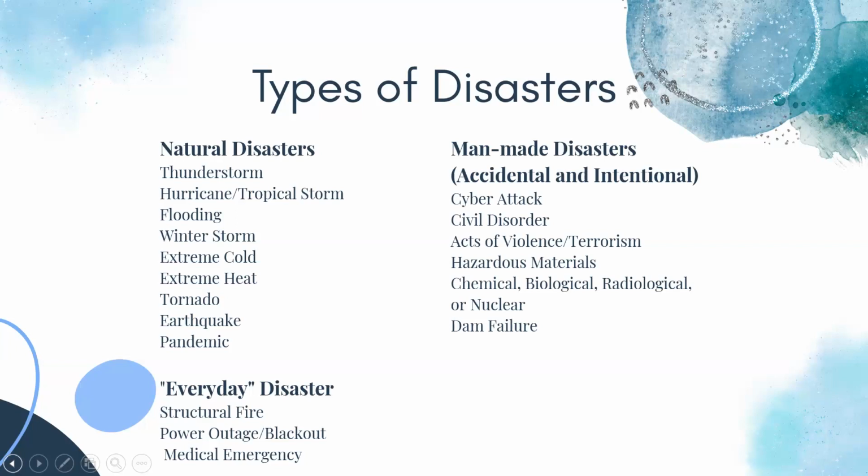acted out, acts of violence or terrorism, hazardous materials, chemical, biological, or radiological or nuclear disasters or accidents, and dam failure. So all those things kind of, you have to keep in mind. You can try and plan for a lot of them.